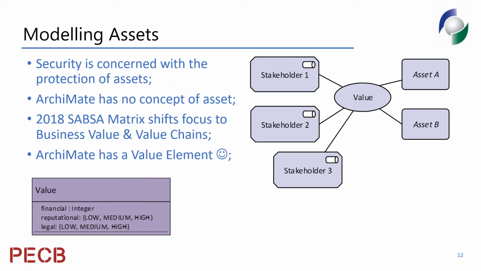And once that effect starts taking hold, the model can no longer tell whether stakeholder 1 and 2 and 3 all see the same value in A and B, or is it 1 and 2 see A and 2 and 3 see B.